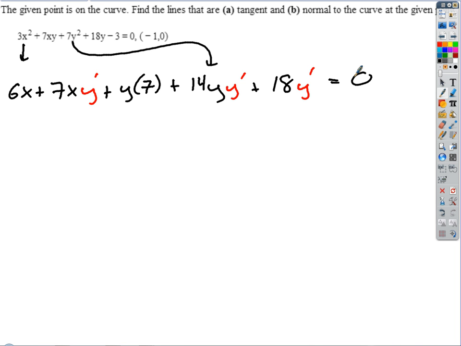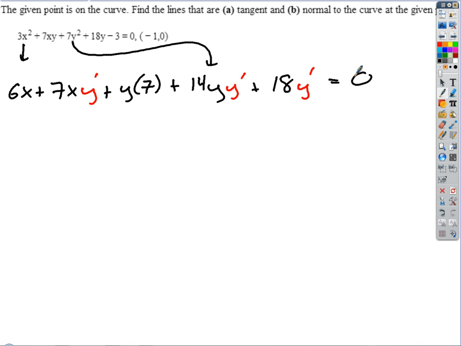Now, what are our options here? We could solve for y prime explicitly. That's fine to do. What else could we do? There might be something to combine, but it doesn't look like there really are any. Being as we're just trying to find a numerical value of the slope, we don't need the derivative function.